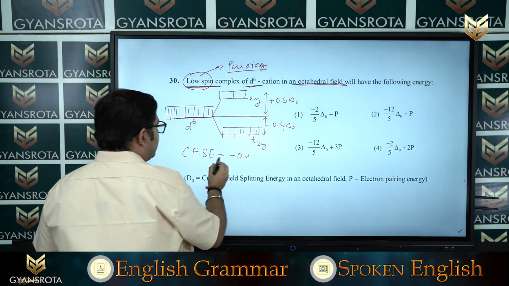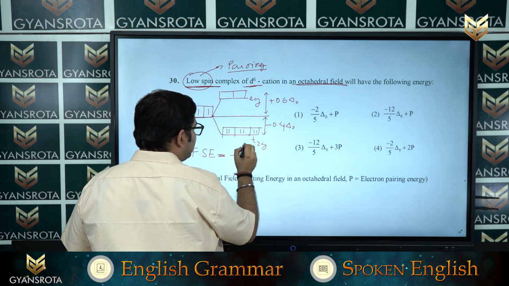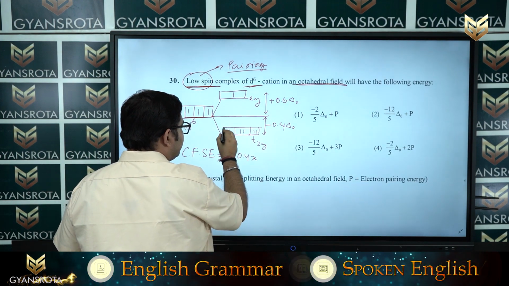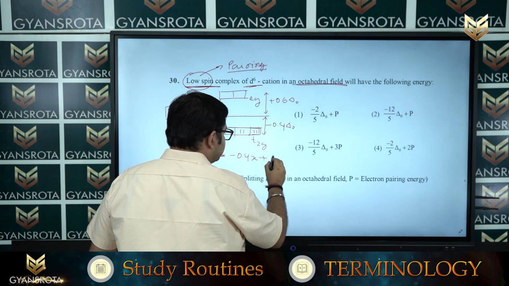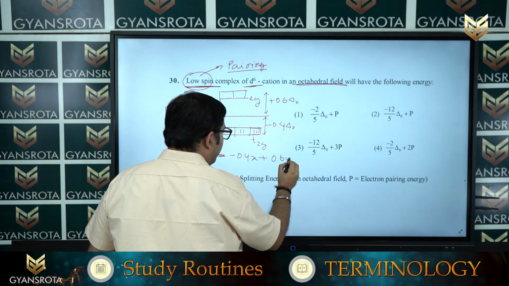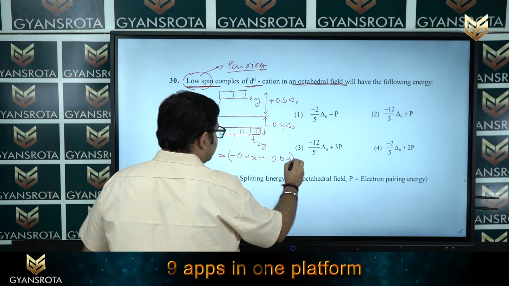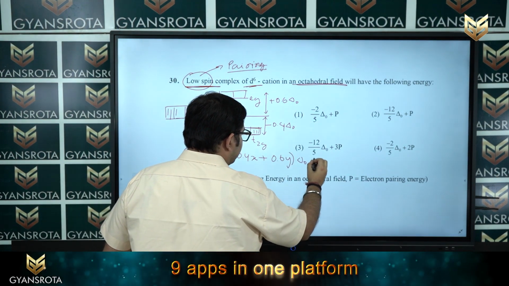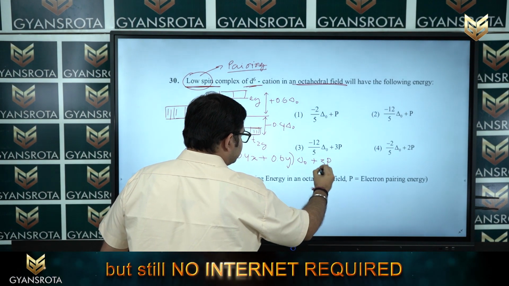Now what is the formula for CFSE? Minus 0.4 x, where x is the number of electrons present in the t2g orbitals, plus 0.6 y, where y is the number of electrons present in the eg orbitals, times delta naught, plus the pairing energy.